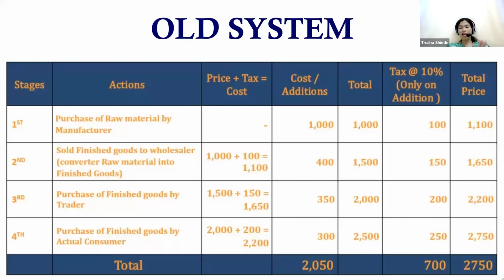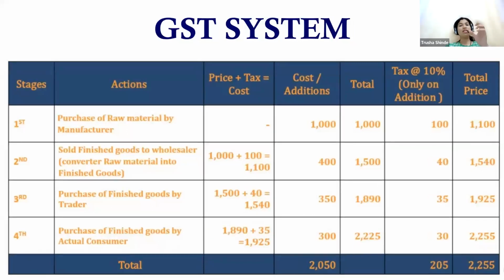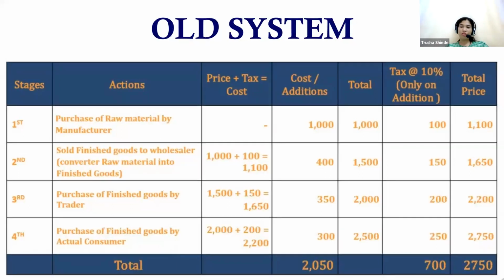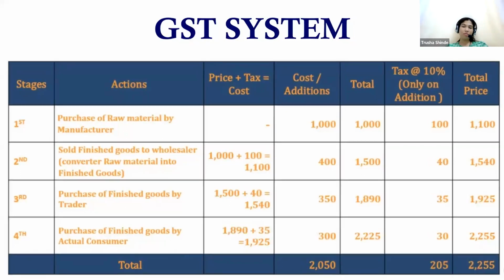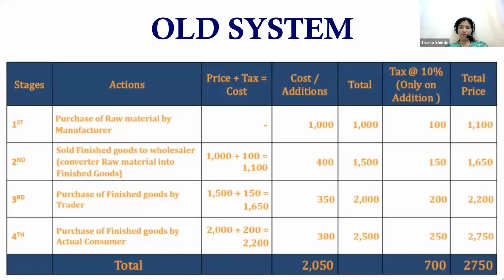To eliminate that cascading effect, the GST system has been introduced. You could see the difference. 2750 minus 2255 comes to approximately 495, a difference of 495 rupees.